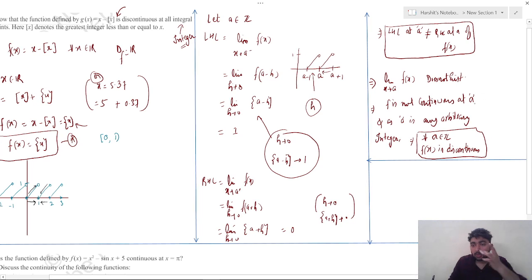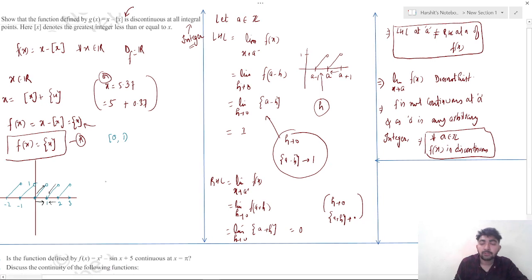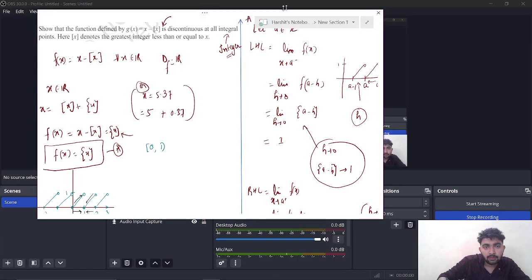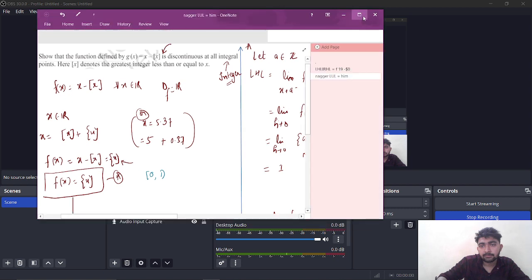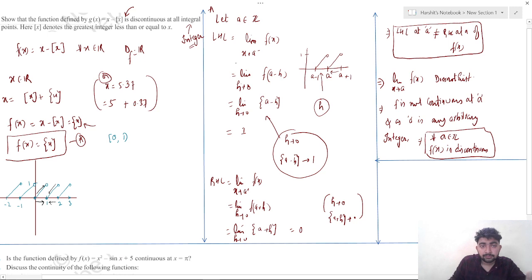Now one more thing is there: they are saying that we need to prove that at all the integers it is discontinuous. Here we proved that at integers it is discontinuous, but we also need to prove that except at integers this function is continuous. So this is the first part, where we proved that the function is discontinuous at all the integers.